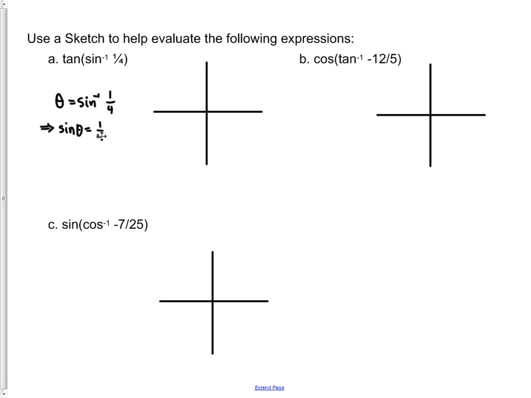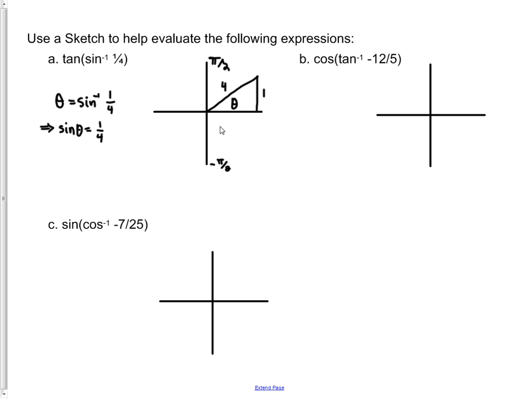Because inverse sine is limited to angles from pi over 2 to negative pi over 2, we're only in the first and fourth quadrants, so we draw a right triangle in the first quadrant whose ratio of opposite to hypotenuse is 1/4. So there's some angle theta here that makes that true.